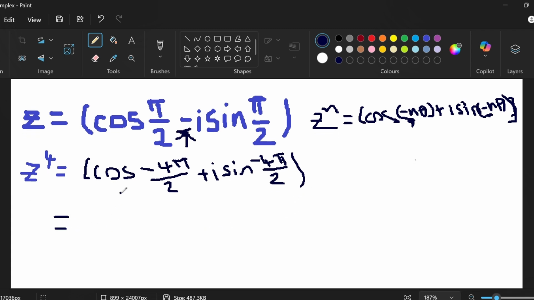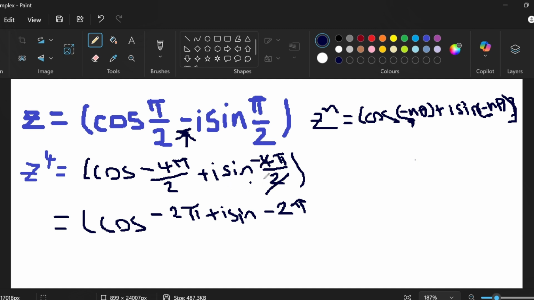and I can simplify this to get cosine negative 2 pi plus i sine negative 2 pi, because I've just used this 2 and divided out here and got negative 2 pi as my argument.